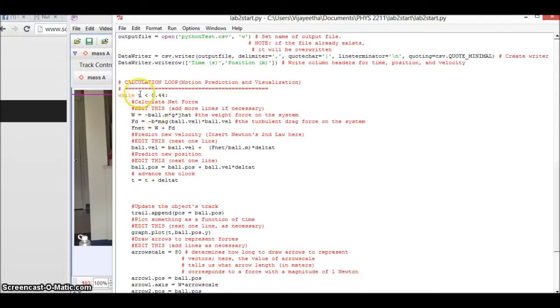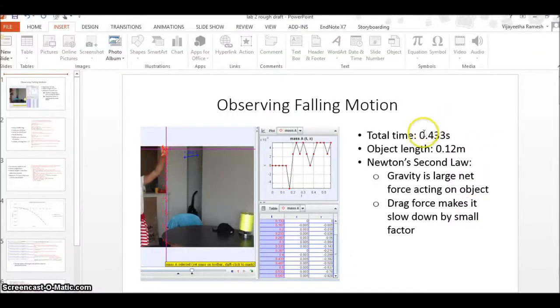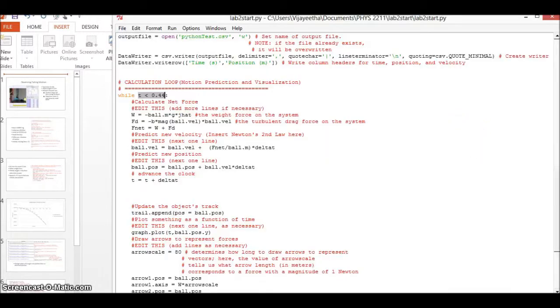And here my time step is 0.44 seconds because my total time as my video was 0.433 seconds. Here I've added the weight, which is mg, so the ball's mass times the gravitational force constant.